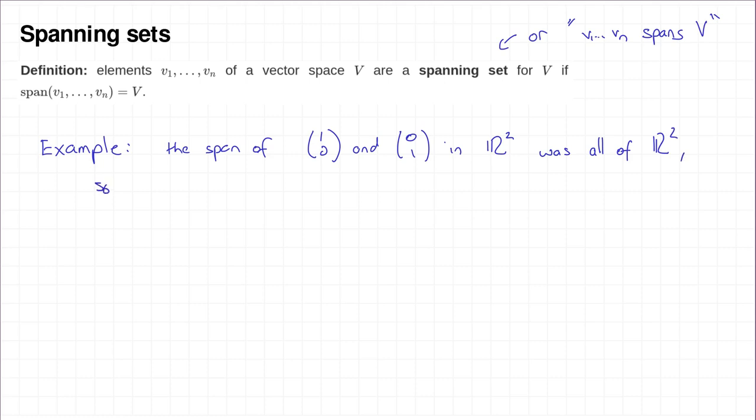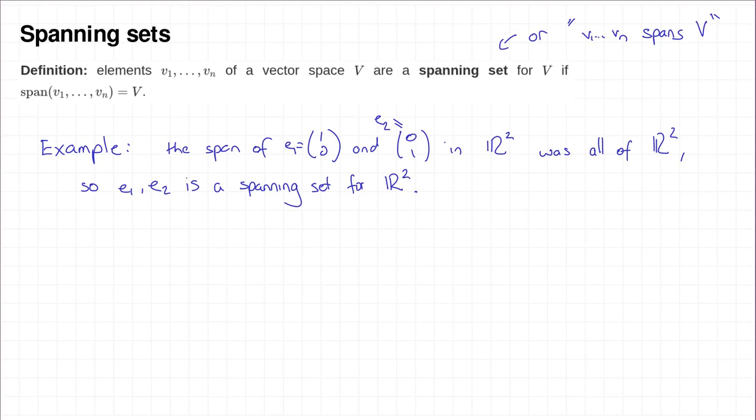So these two vectors, let's give them names, E1 and E2. E1 and E2 is a spanning set for R squared.